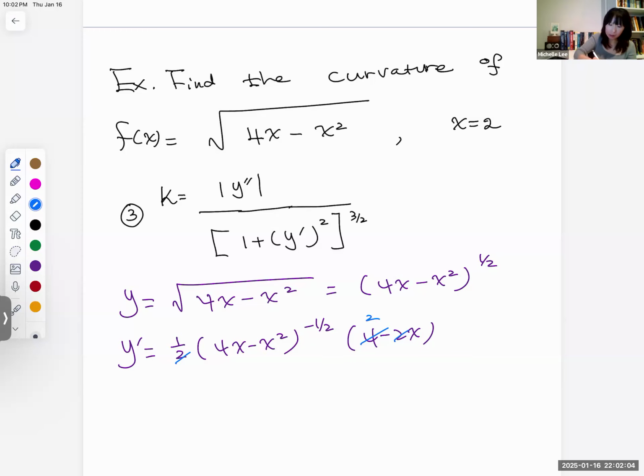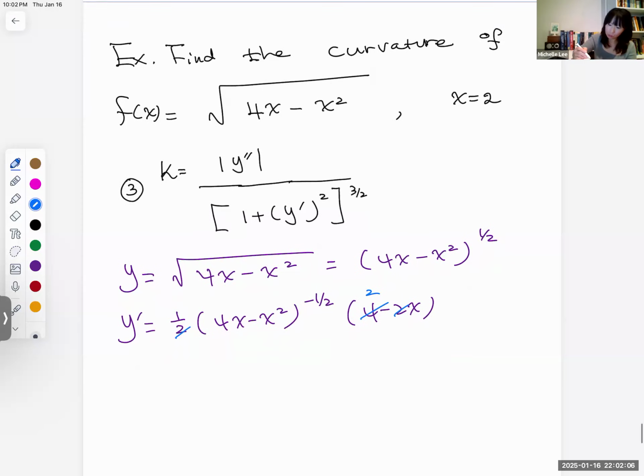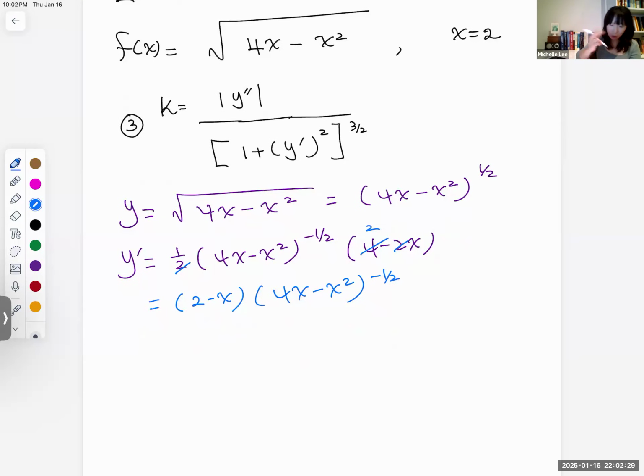So we get 2 minus x in front, and then 4x minus x squared to the negative 1/2. I arrange it this way because we need to do the second derivative of y, right? So what's y second prime?